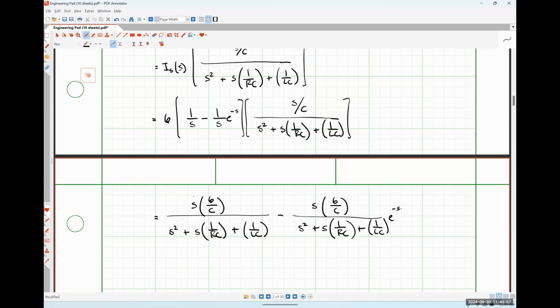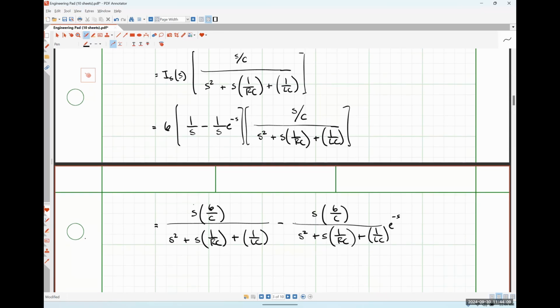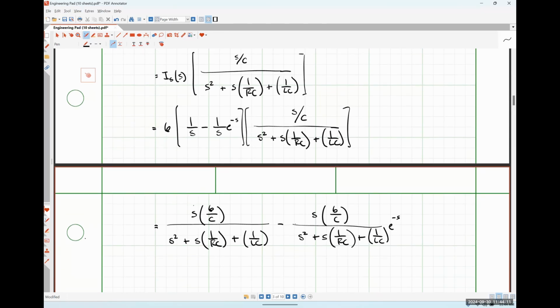Toby, what up? Why would the numerator not be 1? Because I wasn't paying enough attention. So I legitimately wasn't paying enough attention, because you're 100% correct.